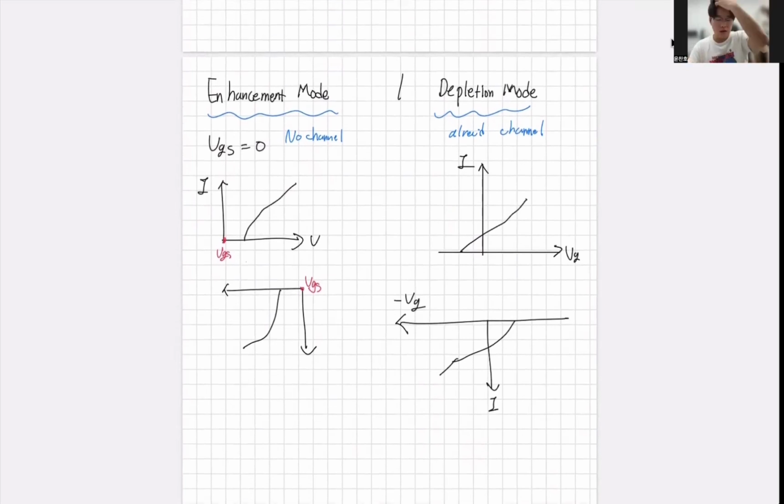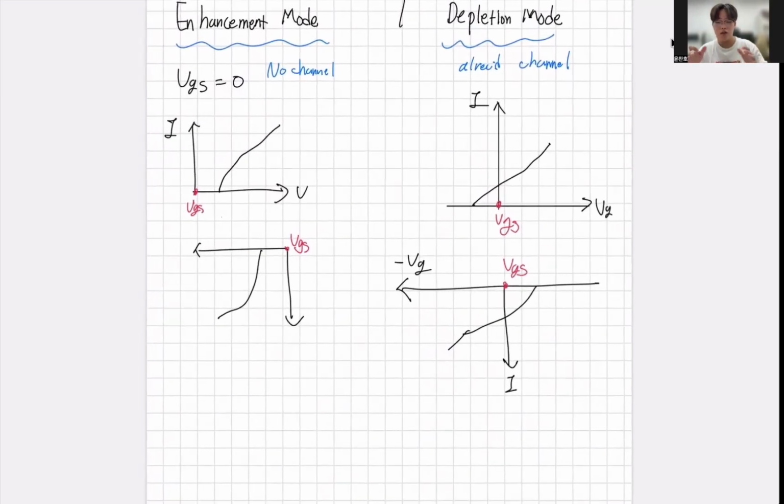As I was saying, the depletion mode has already made the channel. So this point is VGS. This is VGS. So we can check the difference between enhancement and depletion mode.